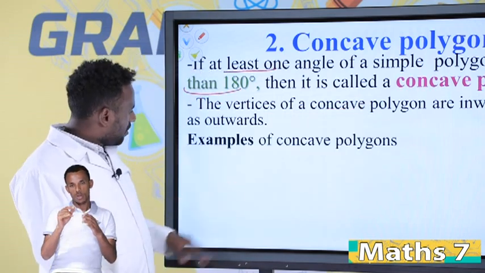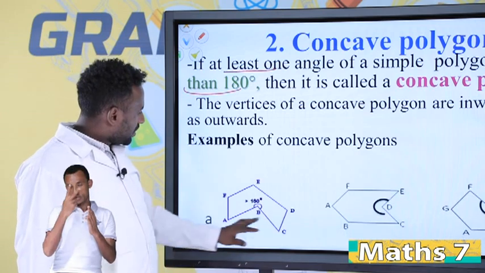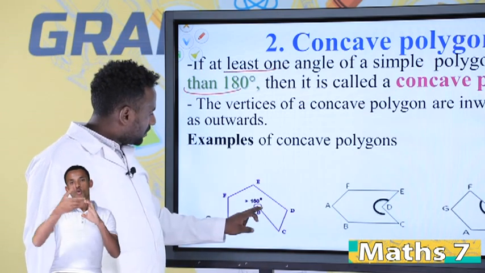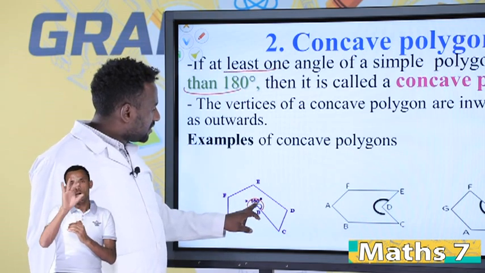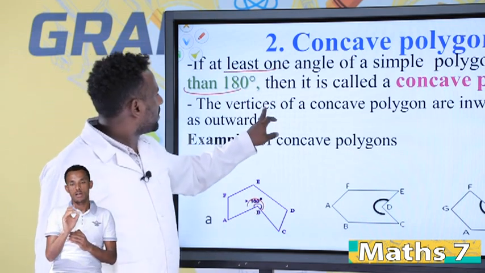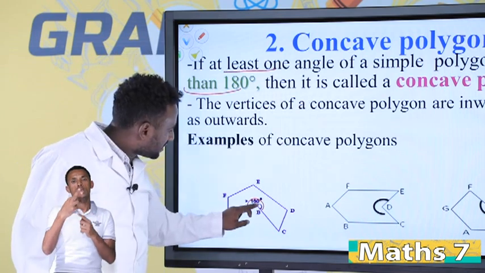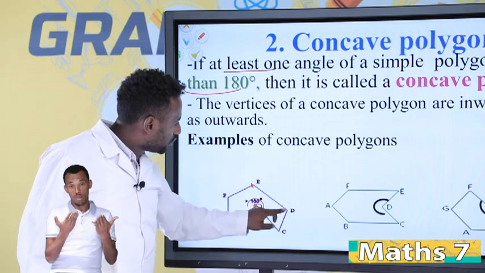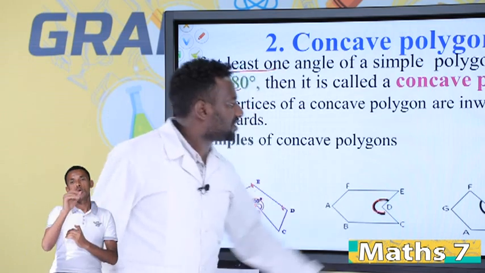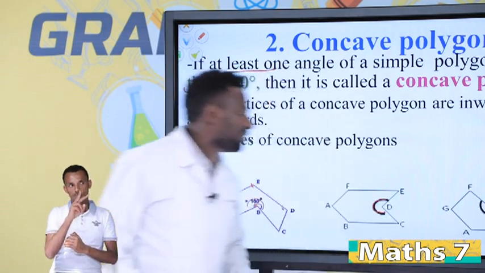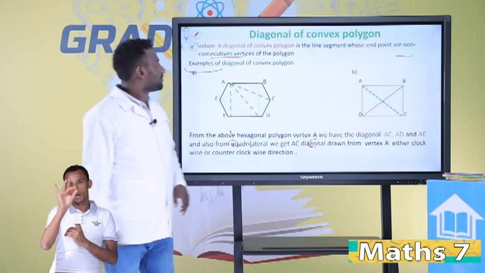Let's see a practical example. This one is concave, the interior angle is greater than 180 degrees. This vertex is inward, this one is outward. This inward one is greater than 180 degrees.